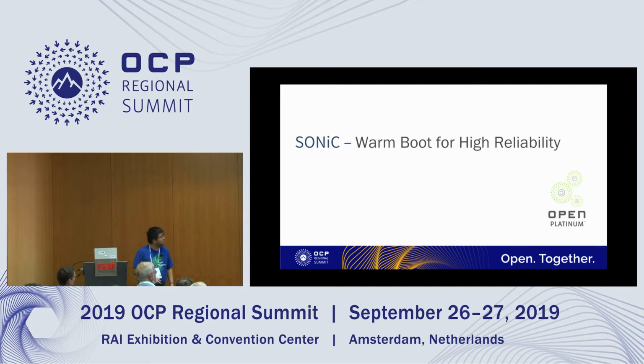Today I'm going to talk about the first topic, using warm boot to solve these high reliability issues. In our network, all the servers connect to a single ToR, and from that ToR you connect to the leaf nodes and spine nodes. You can have redundancy on your leaf nodes and spine nodes, but in our architecture you do not have redundancy in the ToR nodes.